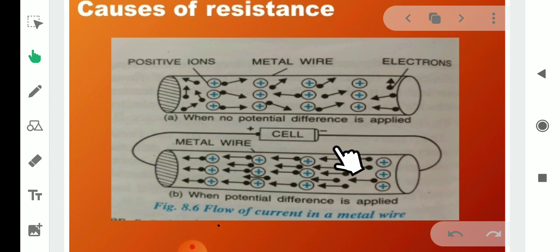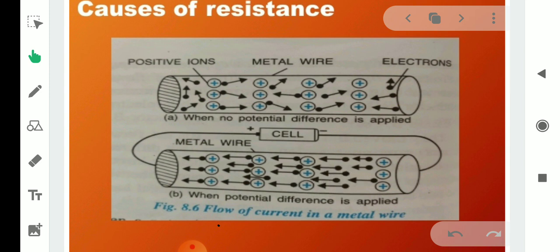During this directional drift, the electrons collide with each other and with the fixed positive ions. This collision gives rise to certain opposition.